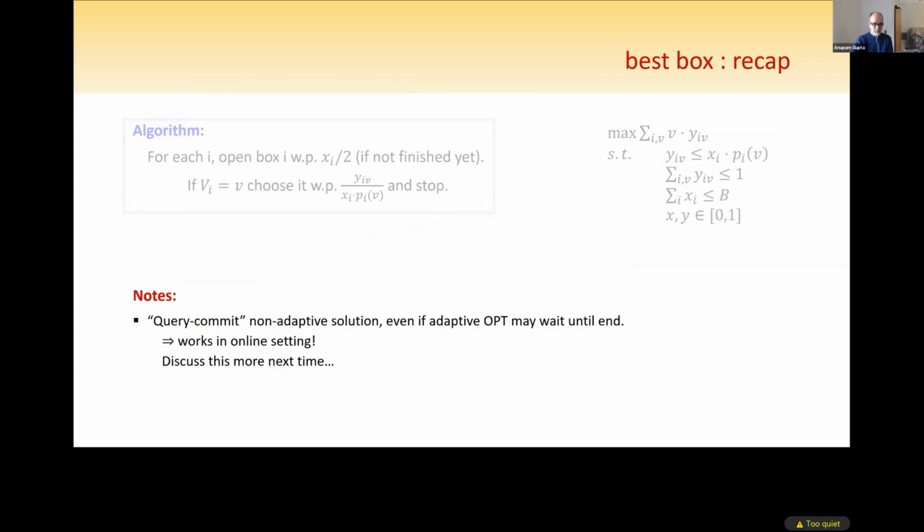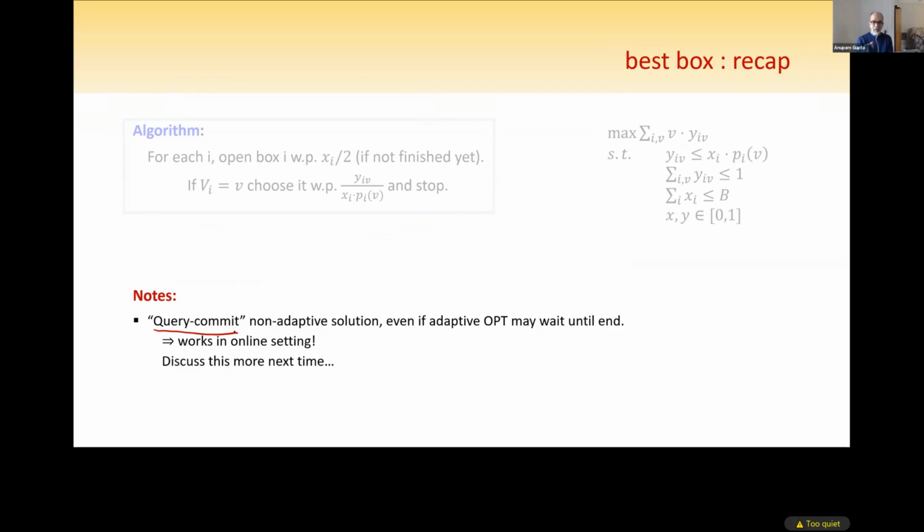You're spot on. There are some advantages to this algorithm. It's what we call query commit. You look at a random variable and immediately you say, oh, okay, I'm going to choose you. Or you say, sorry, buddy, not going to happen today. In some cases, this is useful. It's like when you're selling items, you don't want to look at everybody's bid.